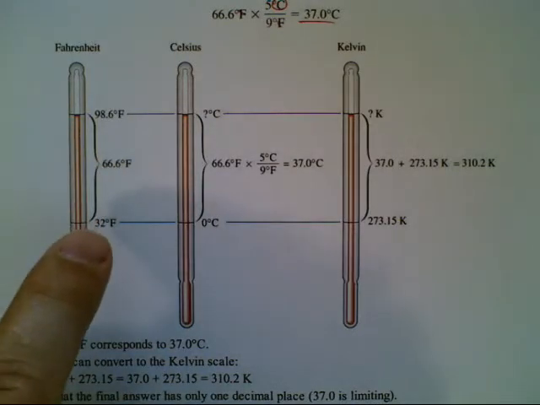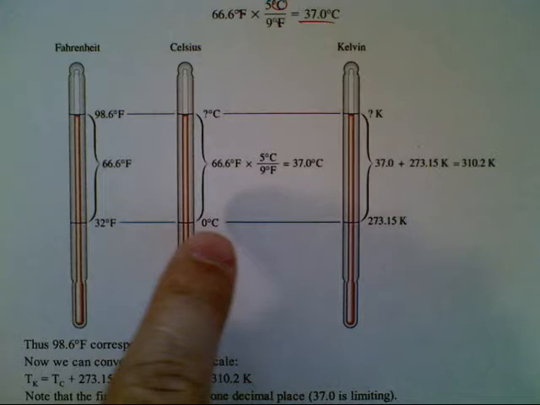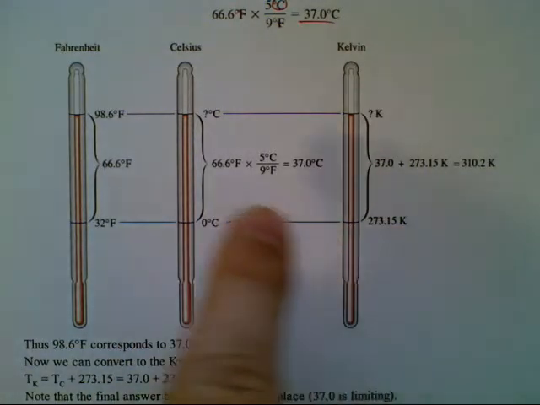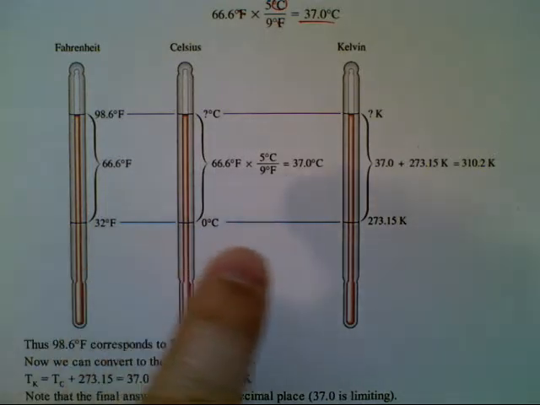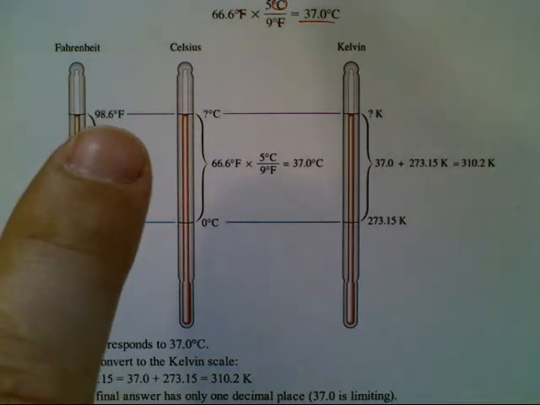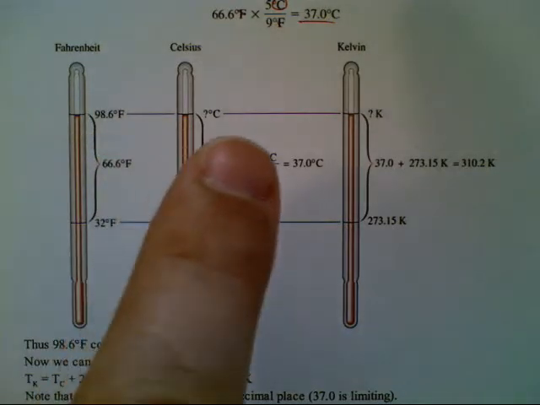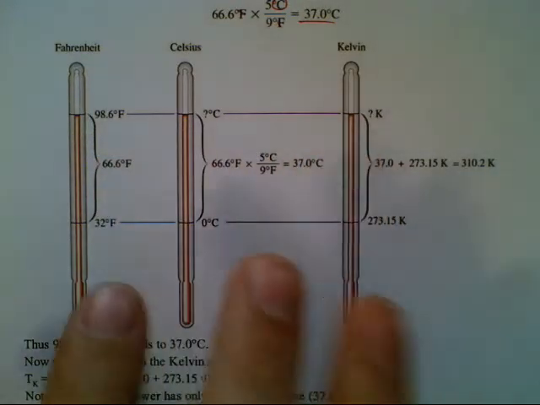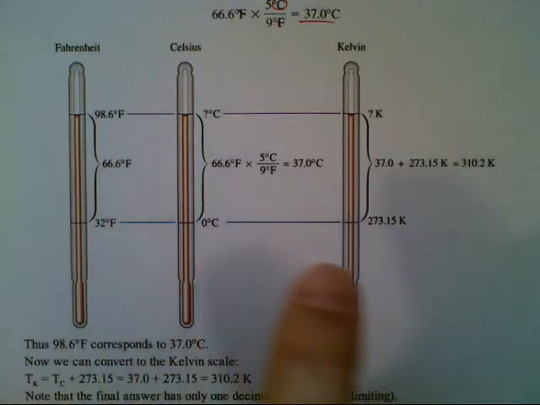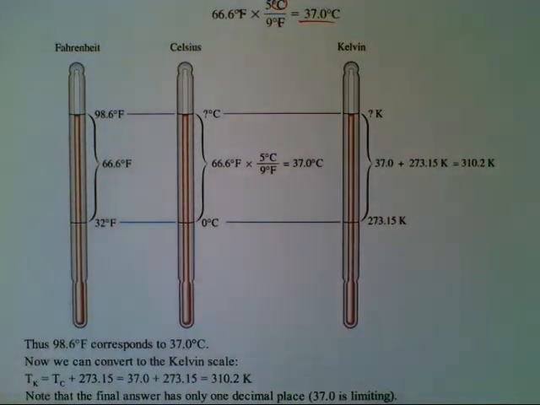The freezing point is 32 degrees Fahrenheit, it's also 0 degrees Celsius and 273.15 Kelvin. So these represent the exact same temperature right here. We are trying to find what this 98.6 degrees Fahrenheit is in Celsius and in Kelvin, and we're going to use this common temperature to help us do that.